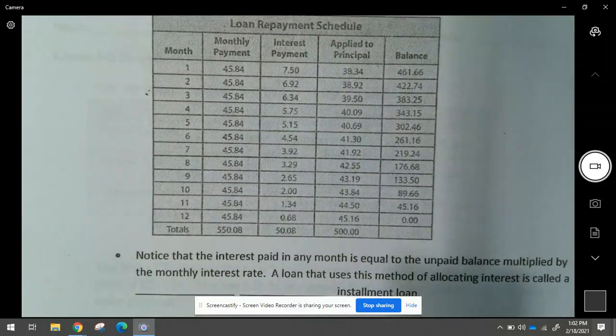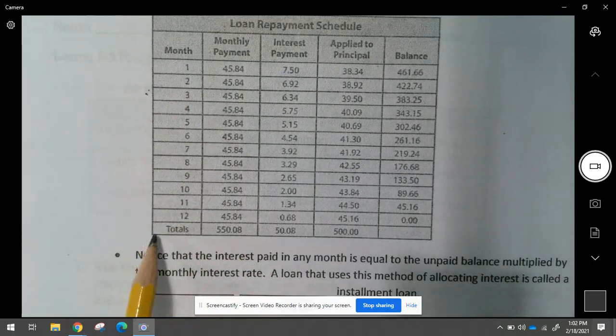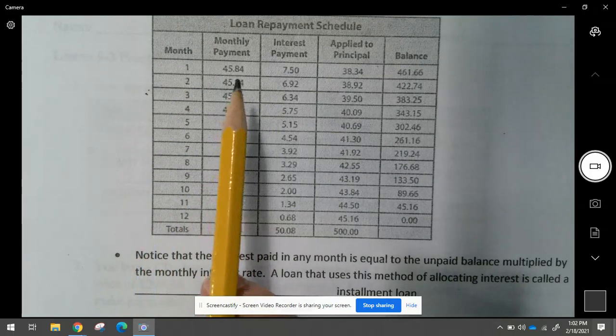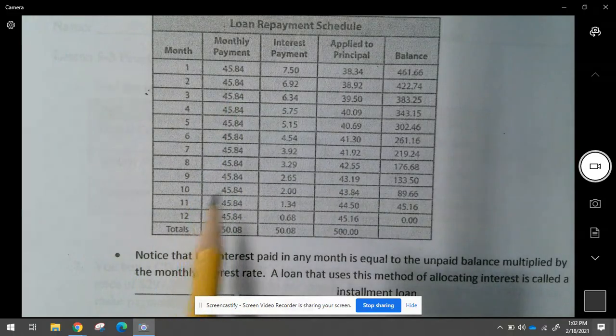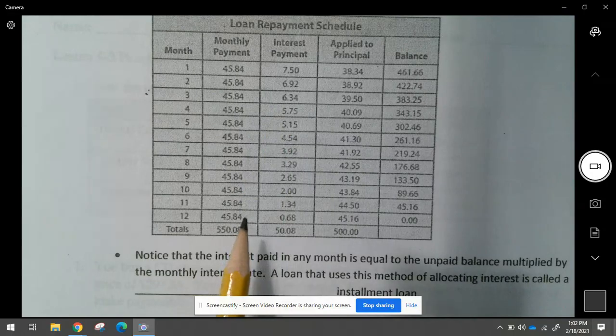So they're talking about this chart. Okay, so you can see here's all the months, 1 to 12, equal payments every month. And these are the interest payments that accrued.